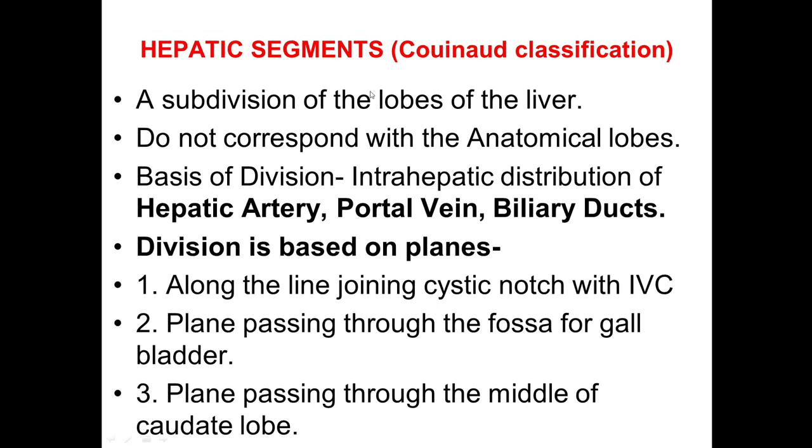The hepatic segments were given by Couinaud, and the classification is known as the Couinaud classification. These hepatic segments are subdivisions of the lobes of the liver, and they do not correspond with the anatomical lobes we discussed earlier.